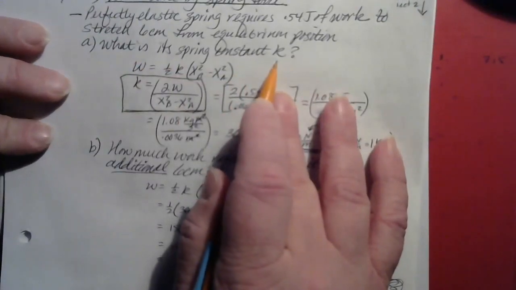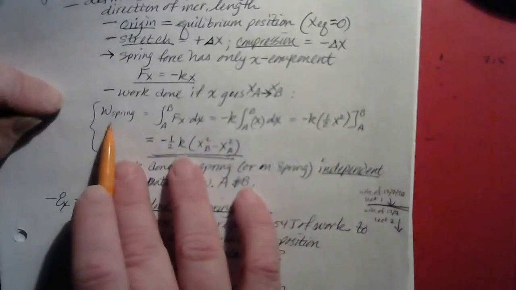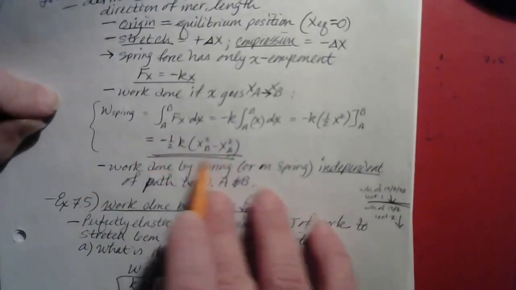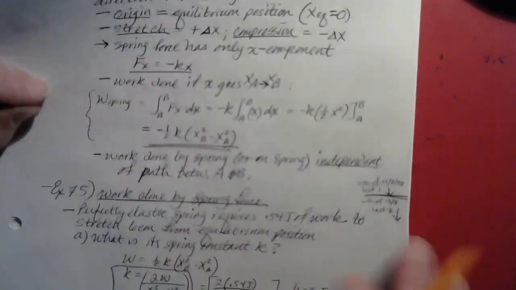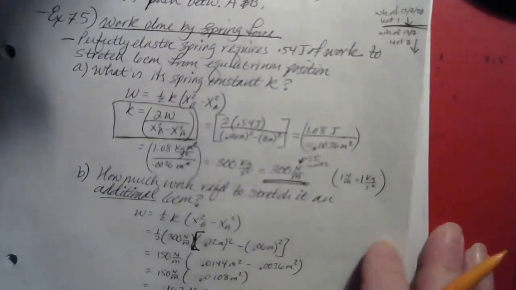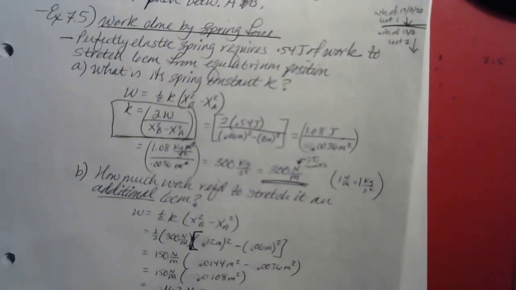And so the question is, what is the spring constant k? Well, we have an equation up here that involves work and how much the spring is stretched, and k. The problem is that that equation is not solved for k. So what we can do is solve that equation for k. And we can do that step by step.